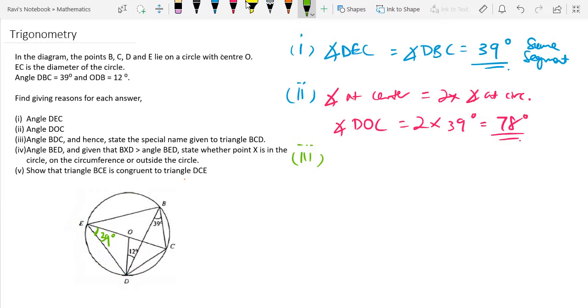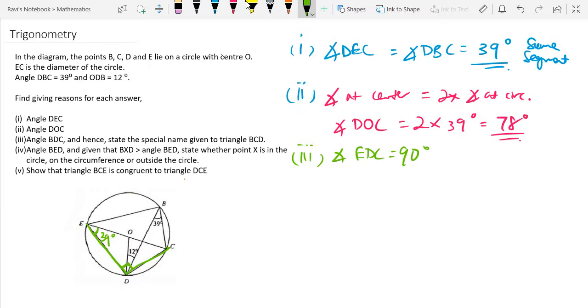And with EOC being the diameter, when you have a line which is a diameter, and from the diameter we draw a third point that touches the circumference of the circle, that is the angle in a semicircle, which is always 90 degrees. So you know that this angle here, angle EDC is equal to 90 degrees.